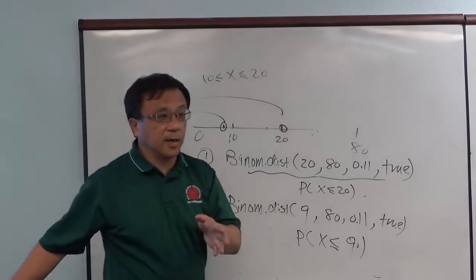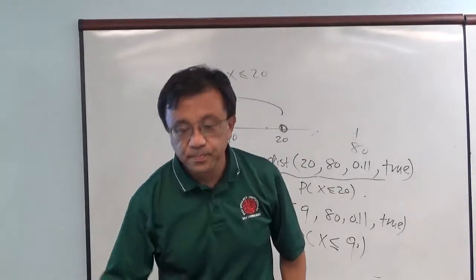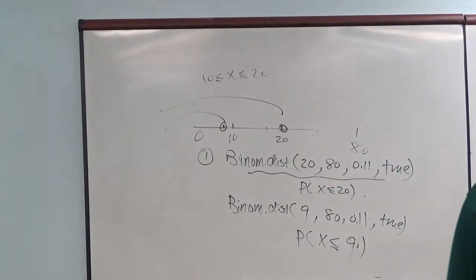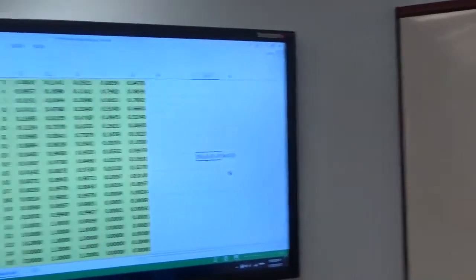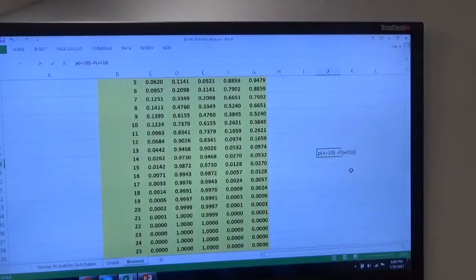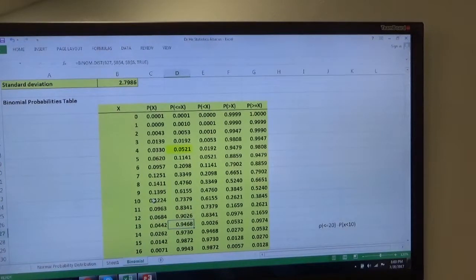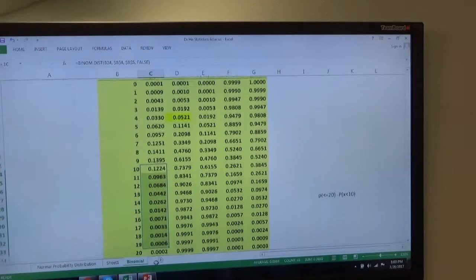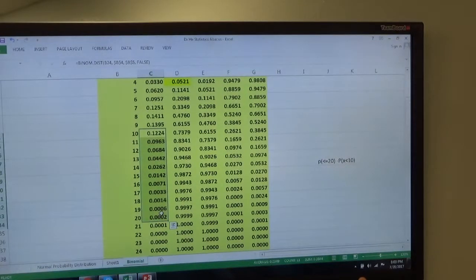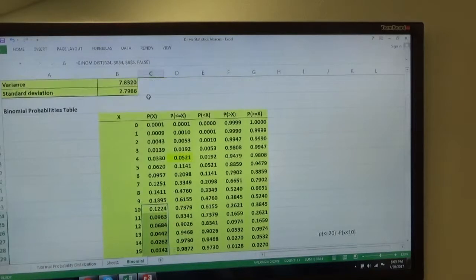Or if you're lazy and trying to use my abacus, the abacus gives you everything, so you have a lot of choices. The easiest way is from 10 to 20, you just add those probabilities together, because this column gives you the probability that x takes exactly that value.